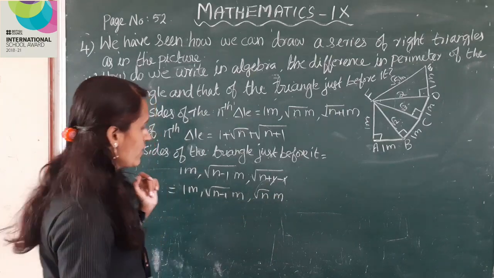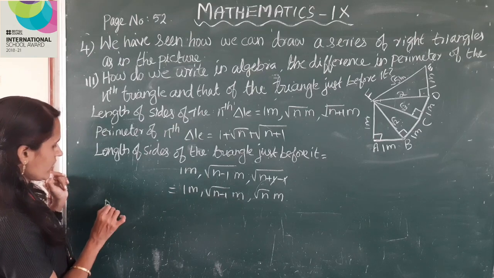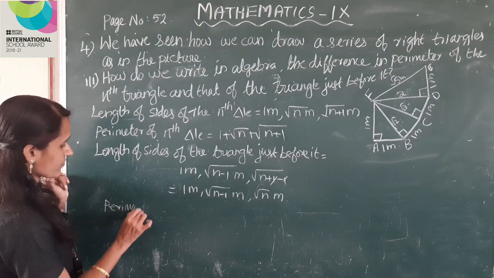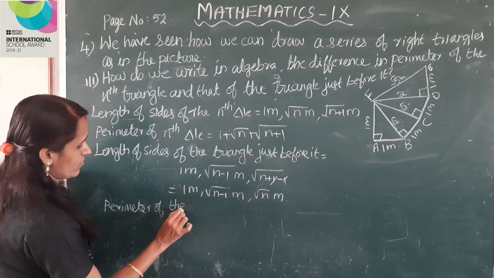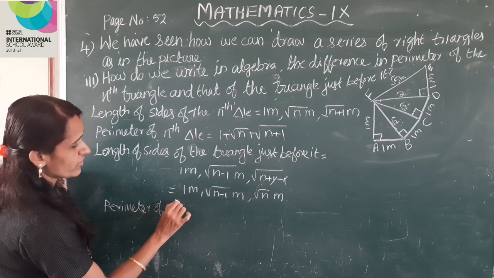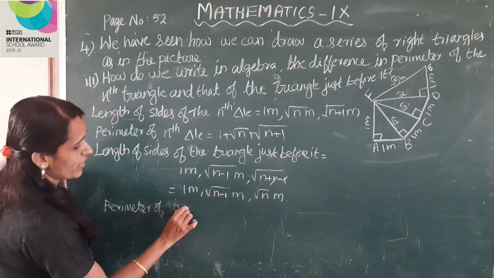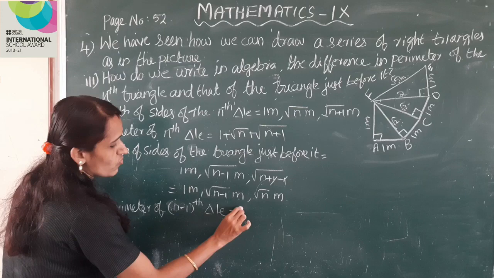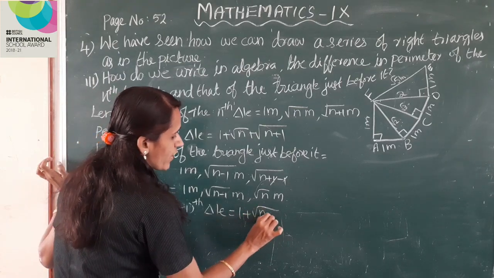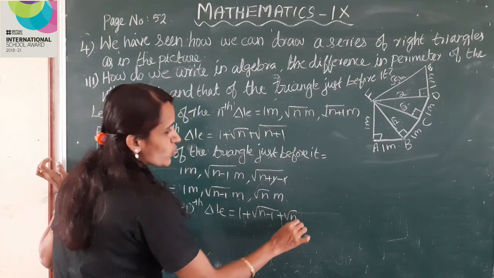So the perimeter of the (n minus 1)th triangle is 1 plus root n minus 1 plus root n.